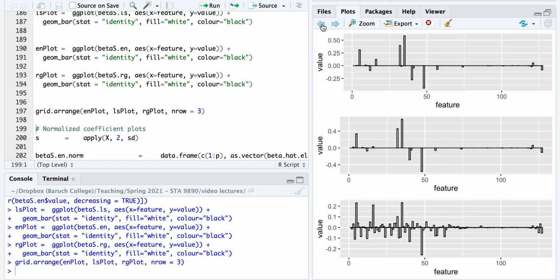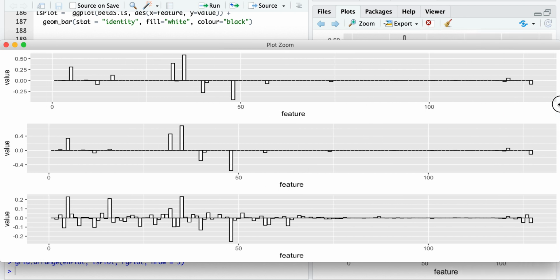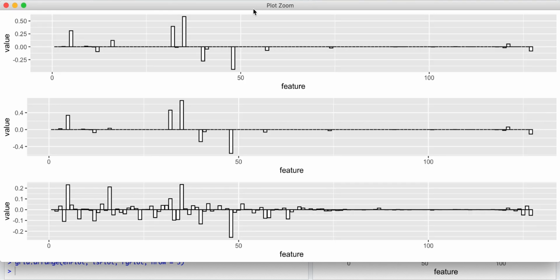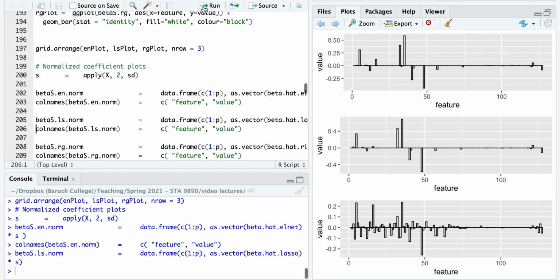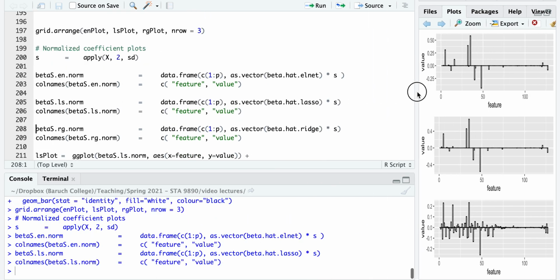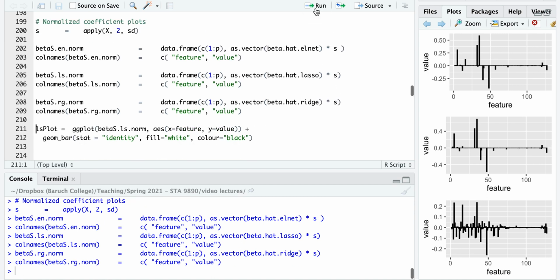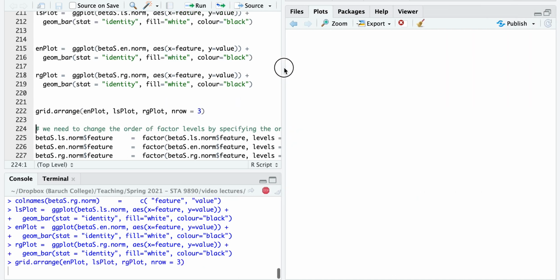So let's go back. Let's look at these. Now here, all I'm doing is multiplying the coefficients by the standard deviation of the corresponding predictors. And then I'm rearranging them afterwards.